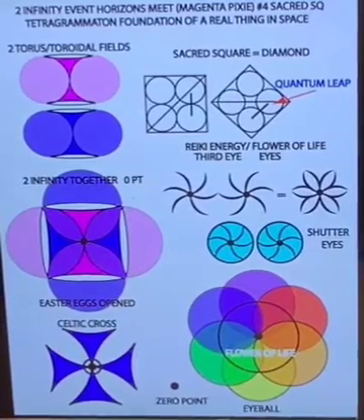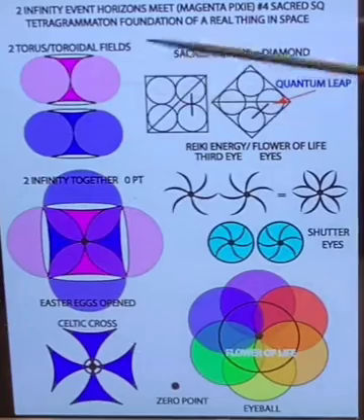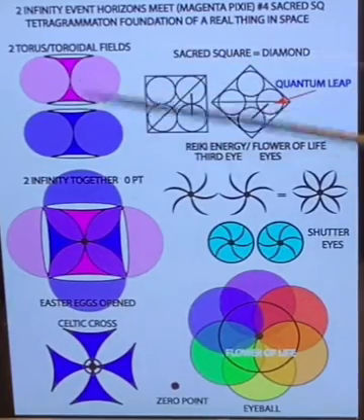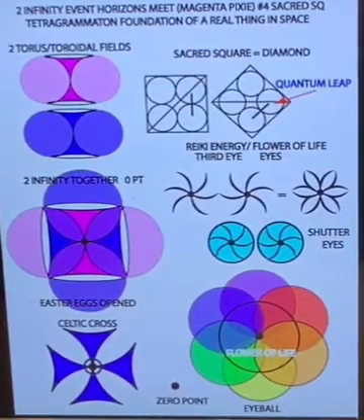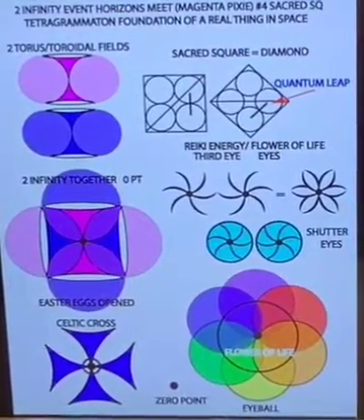So the example they had given was a torus like this, but they had, in diagonal, all 7 colors of the rainbow, showing the transparency of the toroidal field and the rotation of it at the same time, just like the planets orbiting around the sun. It's the same kind of energy.